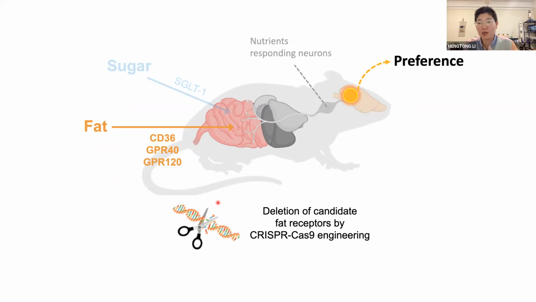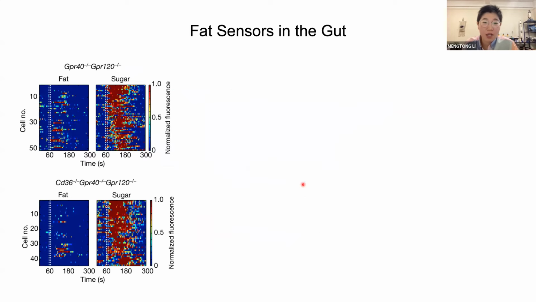A key prediction would be that the loss of the essential receptors would abolish the vagal responses to intestinal stimulation with fat. We expressed GCaMP in these knockout mice and assessed their fat and sugar responses by nodose imaging. And we found the GPR40 and GPR120 double knockout and the triple knockout mice nearly lost all the fat responses, but the sugar responses were unaffected.